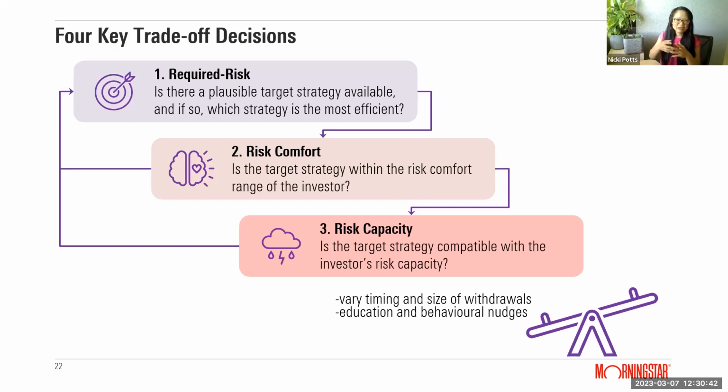For example, not looking at your portfolio every day, holding fewer liquid securities that are designed to encourage behaviors in the best interests of the investors. But generally, it is not advisable for investors to take on investment strategies that are beyond the risk capacity.